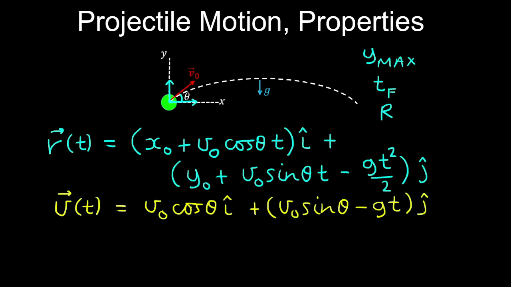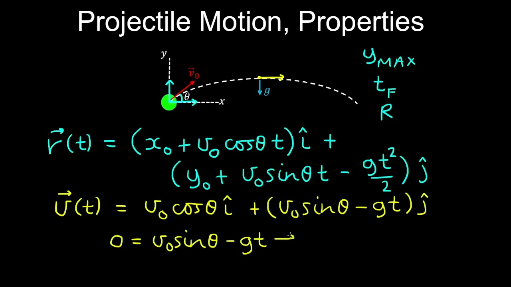So the velocity of the projectile is constant in the x direction. So the x component does not change length, but the y component of the velocity at the top of the trajectory is 0. So therefore we set this y component to 0. So we have v naught sine theta minus gt is equal to 0.